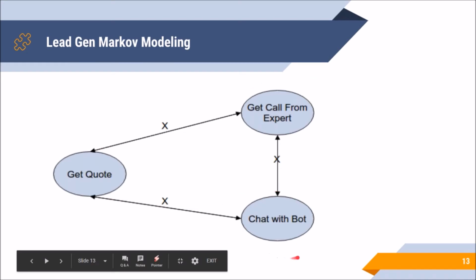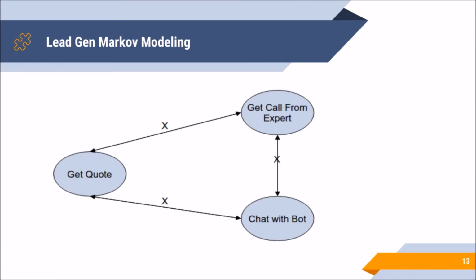So in total there are three features and the transitions between them. In a general scenario, the get a quote form is a bit longer, so the user starts with the form but ends up selecting the get a quote from an expert feature because that requires only 2 steps. So a user can traverse between all these features freely.